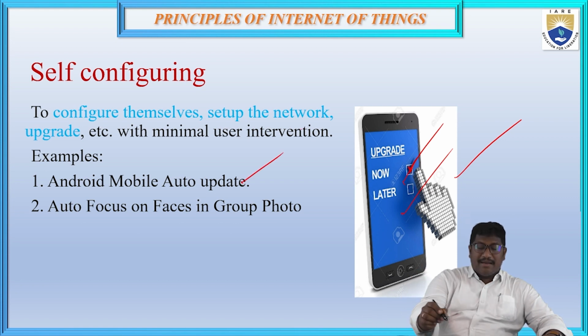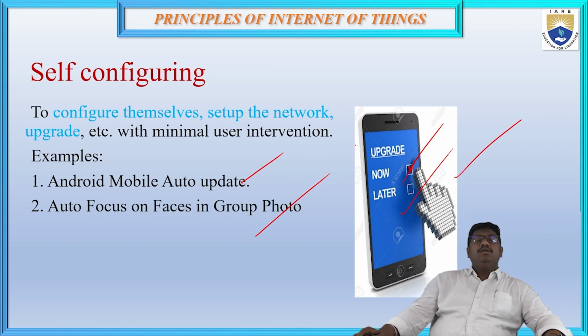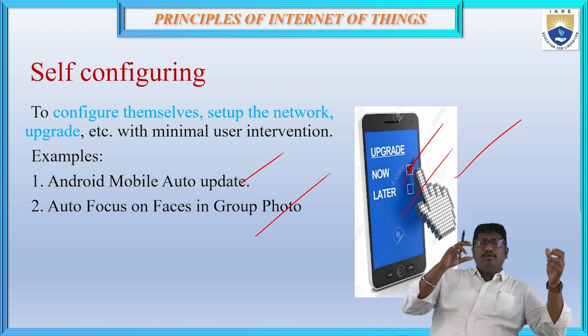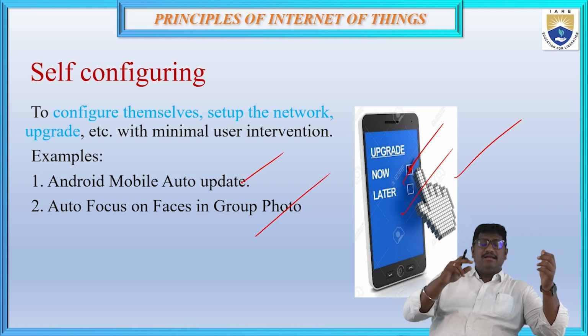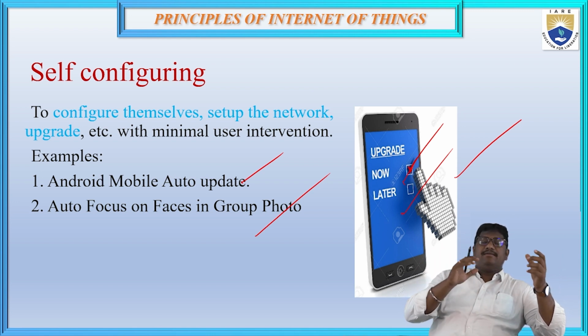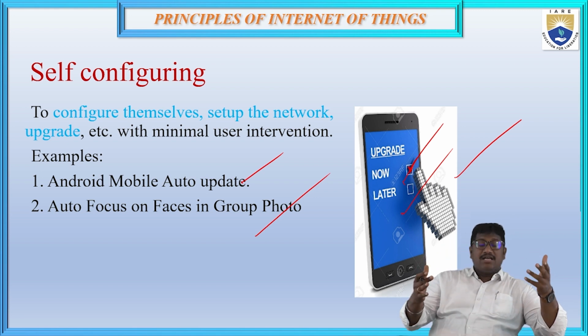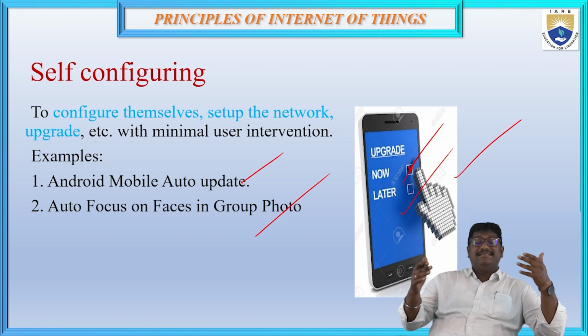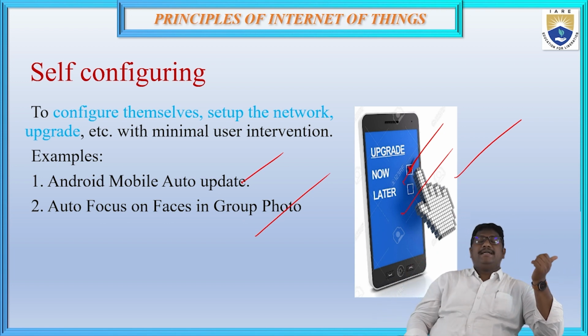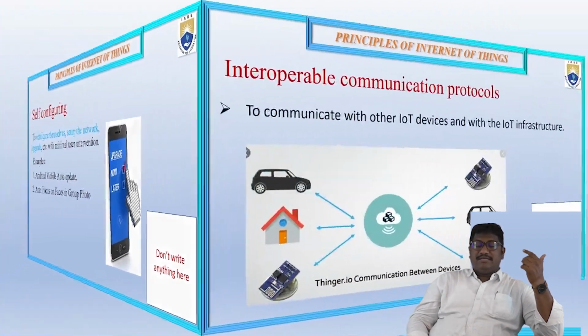Example: Android mobile auto update, auto focus on faces in a group photo. You have mostly seen this while taking a group photo. If you click on that particular image, it is going to autofocus exactly where the faces are. That is how the devices make themselves self-configurable devices. This is an important characteristic in our IoT.